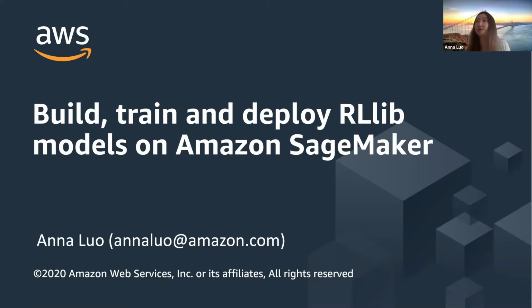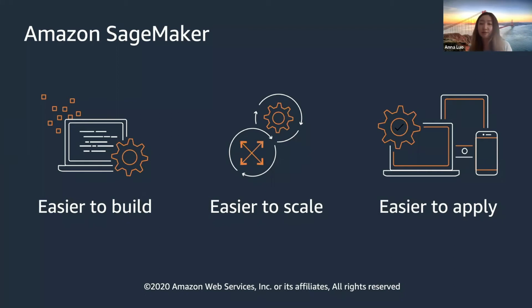My topic is build, train, and deploy RL-lib models on Amazon SageMaker. So what is Amazon SageMaker? It is a fully managed service that provides every developer and scientist with the ability to build, train, and deploy machine learning models quickly. It provides an integrated Jupyter Notebook interface for easy access to your data, and you don't need to manage servers.